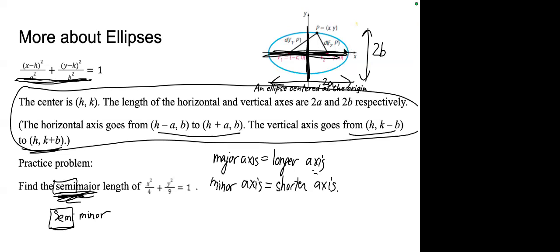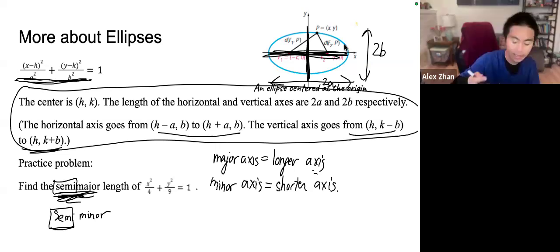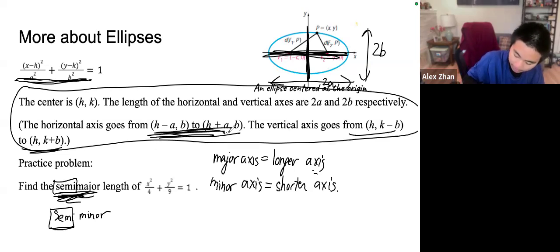We don't know which one is longer. Basically you take the max to be the major and the smaller one to be the minor.